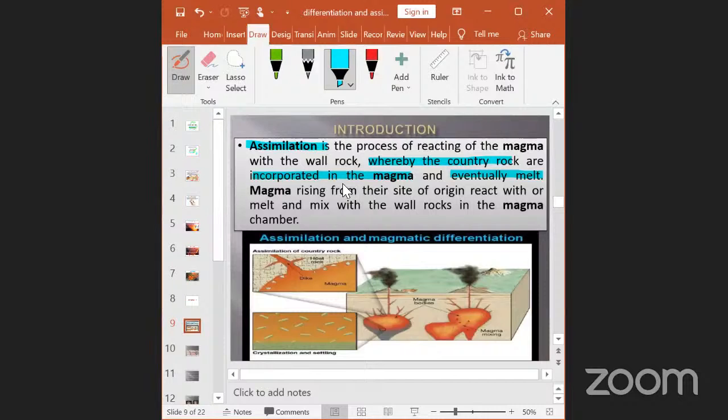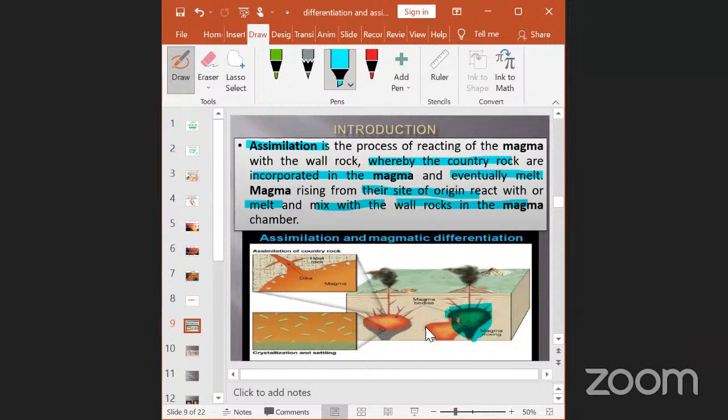Magma rising from its site of origin reacts with, or melts and mixes with, the wall rocks in the magma chamber. So this is called the magma chamber.